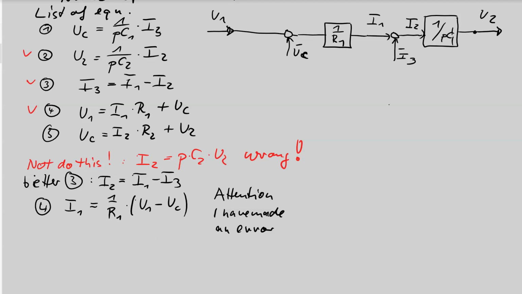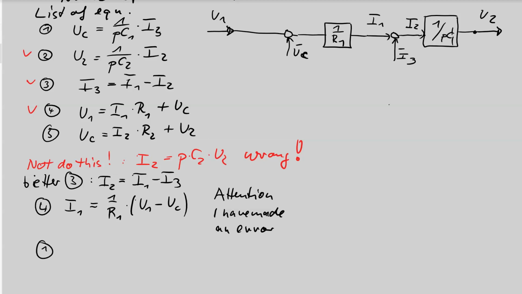So this mark must also be wiped out, and I now use an equation which delivers I3, and the only thing is I3 is coming out of this equation, equation 1. Equation 1 can be used for I3.